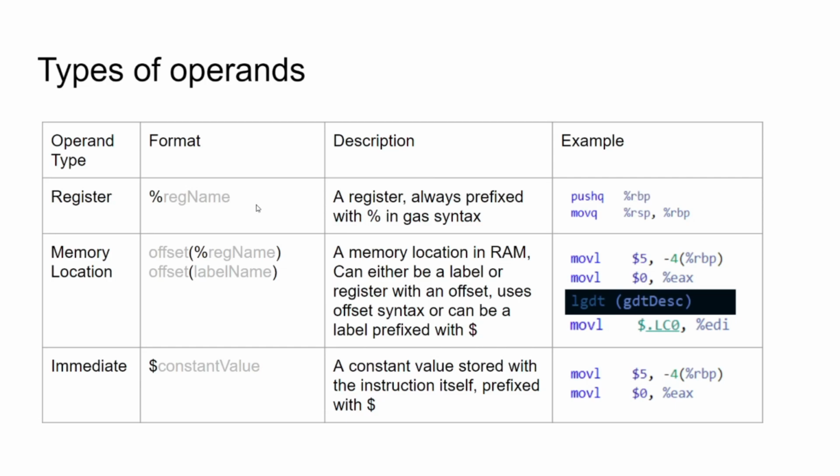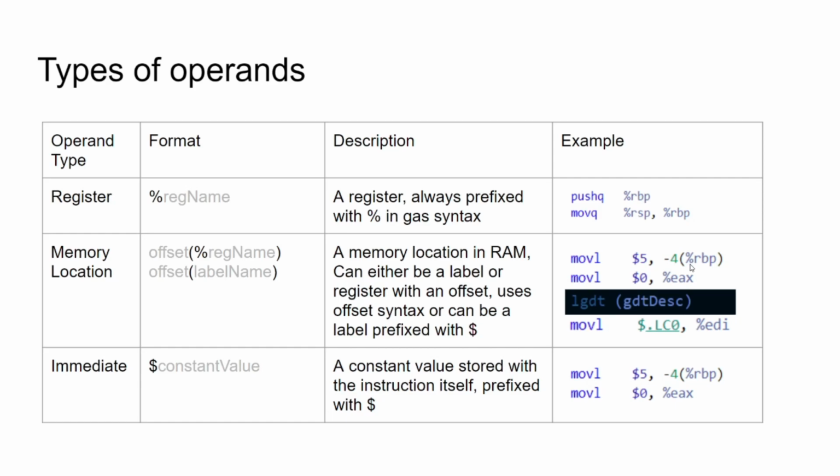Next up, we have memory locations as operands for instructions. Essentially, what we're going to be using memory locations for is storing variables. And very often, you're going to see that variables are stored on the stack, in reference with an offset to basically RSP or RBP, or just RBP in most cases.